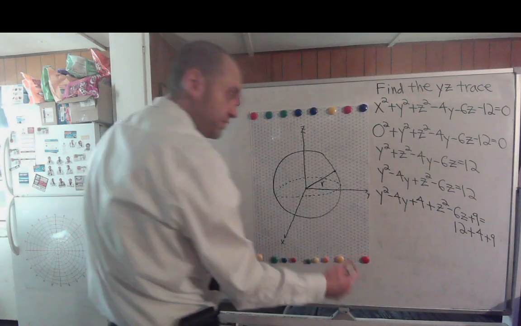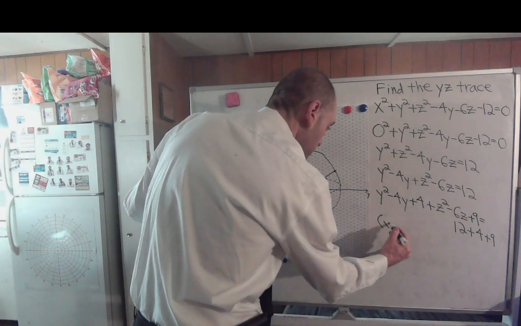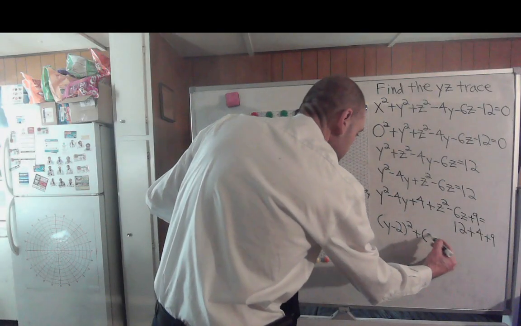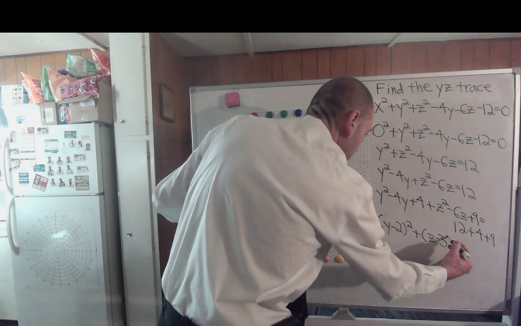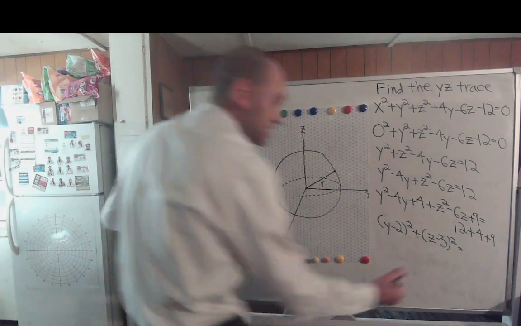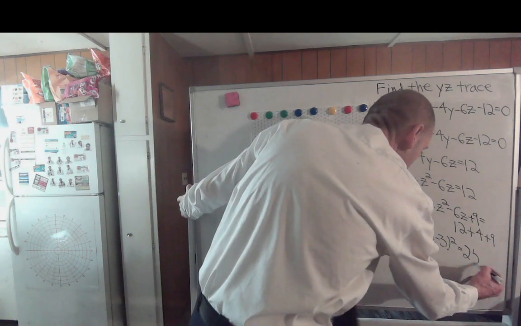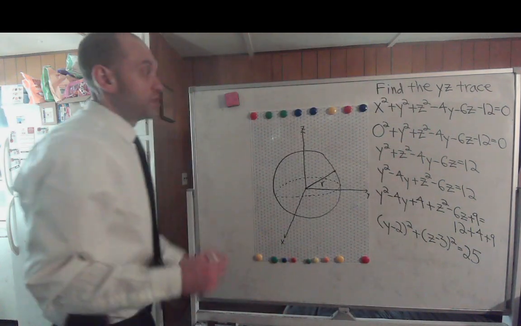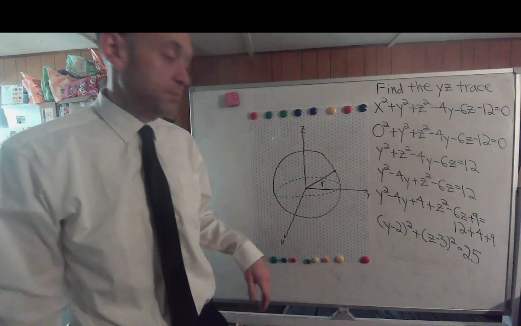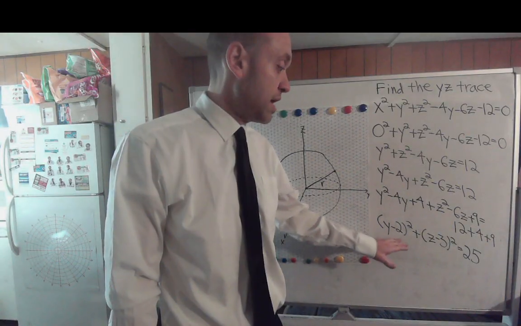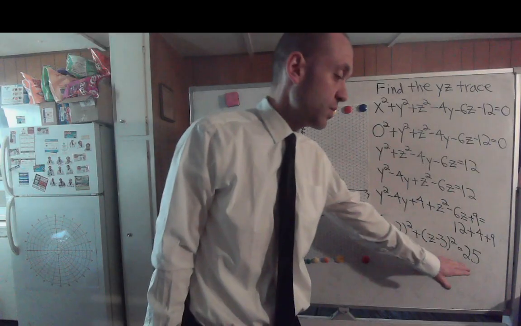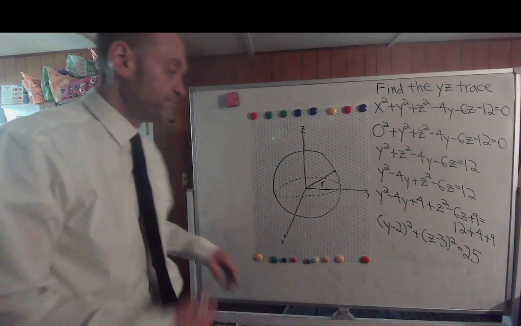So to simplify this equation now, you'll have y minus 2 quantity squared plus z minus 3 quantity squared equals 12 plus 4 is 16 plus 9 is 25. So for the yz trace of this sphere, you'll get a circle in the yz plane with the equation y minus 2 quantity squared plus z minus 3 quantity squared equals 25.